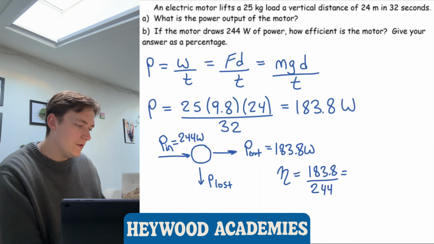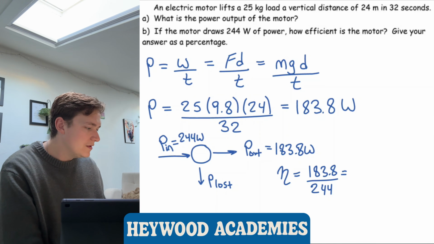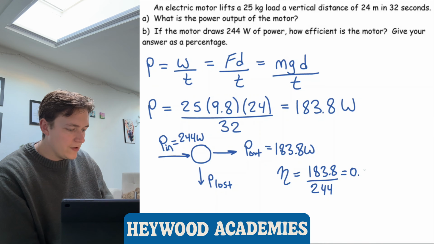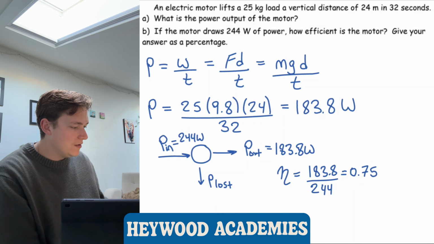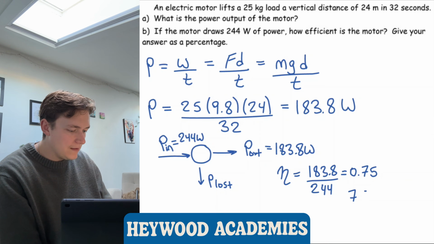So if you do this the wrong way around, you'll get a number that's bigger than 1. So we got a decimal number of 0.75, which means we are on the right track. So to put this into a percentage, if you want, you can multiply it by 100, and that would give you 75%.